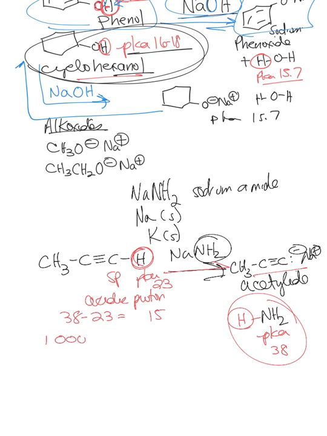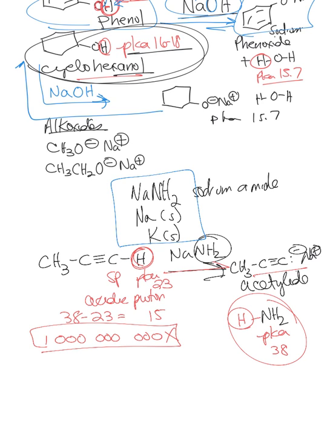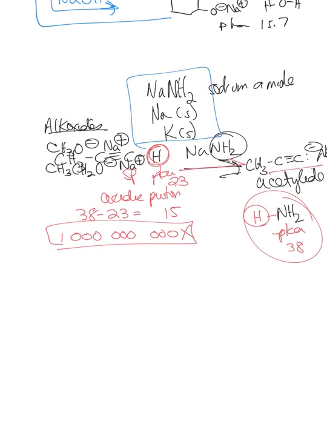That's 1 with 15 zeros. So that's how many times faster this is going to happen in equilibrium. Hopefully by now you're recognizing these strong bases, and when you see these in reactions, you need to recognize that that's what's going to happen.